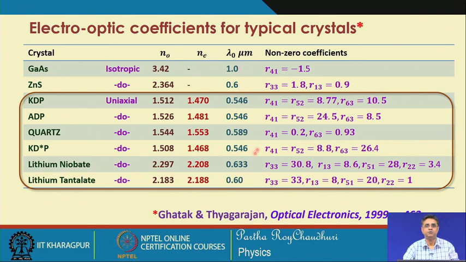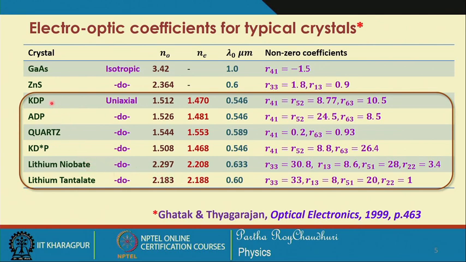Now, we provide a list of various crystals. This we have already mentioned, but this time we are at this region, that is uniaxial crystals: KDP, ADP, quartz, then lithium niobate and lithium tantalate. Lithium niobate and lithium tantalate are two very important crystals, and we will see the application of these two at the end.